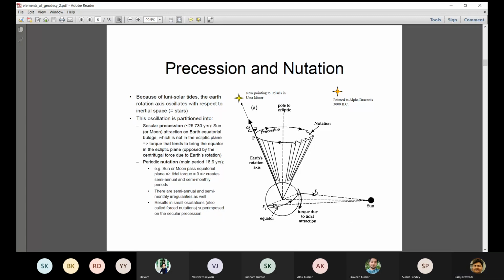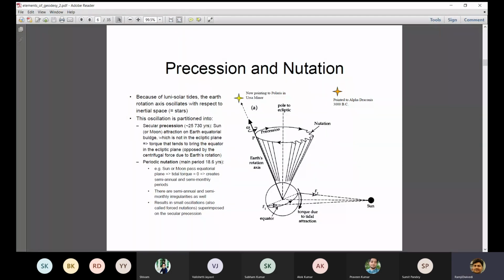But when it happens, Earth also exerts the same torque in the opposite direction to remain in its own plane. That resultant force creates the so-called nutations, the short periodic nutations. It creates certain vibration in the rotation axis.